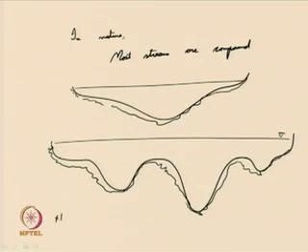To analyze the flow mechanisms or to approximate uniform flow in such compound sections, we require, as I mentioned earlier, certain knowledge. Let us see how we can approximate uniform flows in compound cross sections.